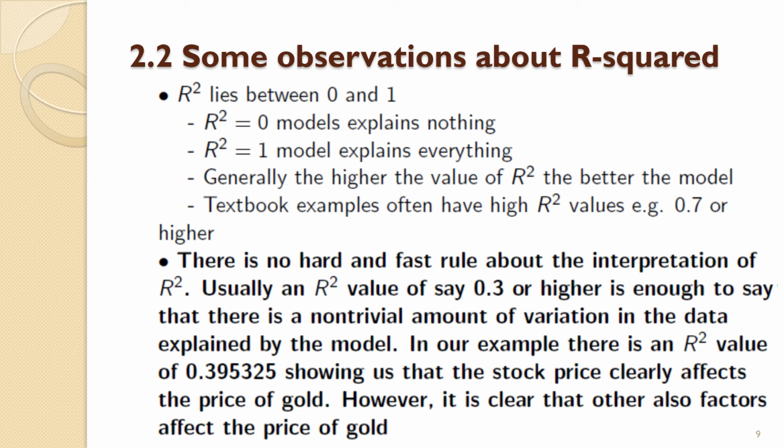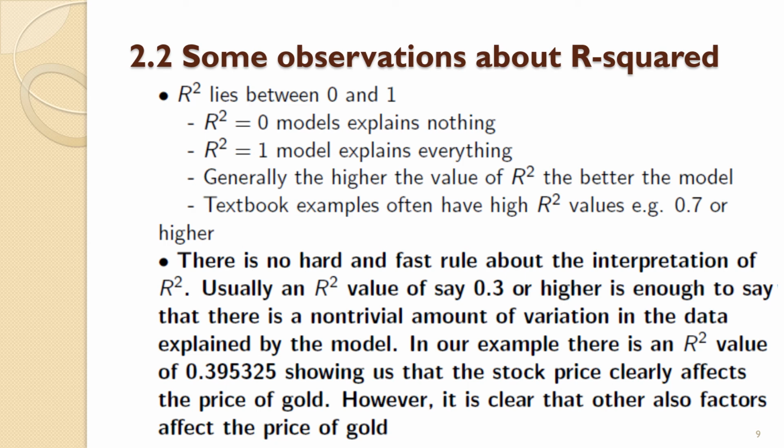So there's no hard and fast rule about the interpretation of R squared, and in contrast to some of these textbook examples, usually an R squared value of say 0.3 or higher is enough to say there is a non-trivial amount of variation in the data explained by the model.